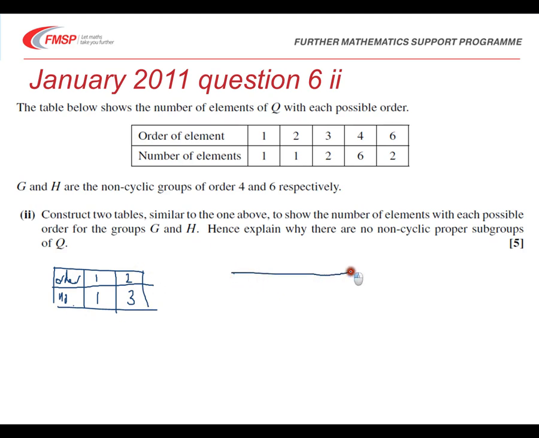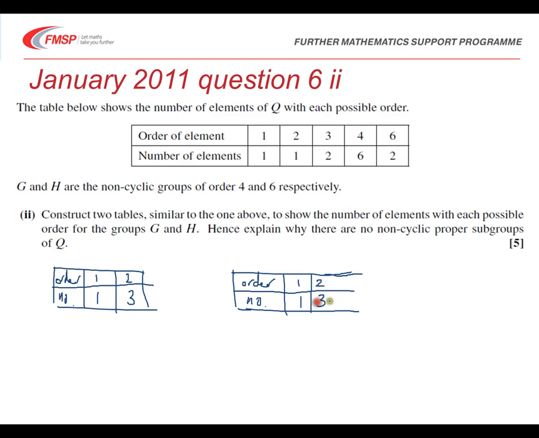Similarly, for the non-cyclic group of order 6, we can have the following orders and the number of elements. Again, there's going to be one of order 1, the identity. You then have a pair of elements that together give you a cyclic group of order 3, and 3 elements that are self-inverse.